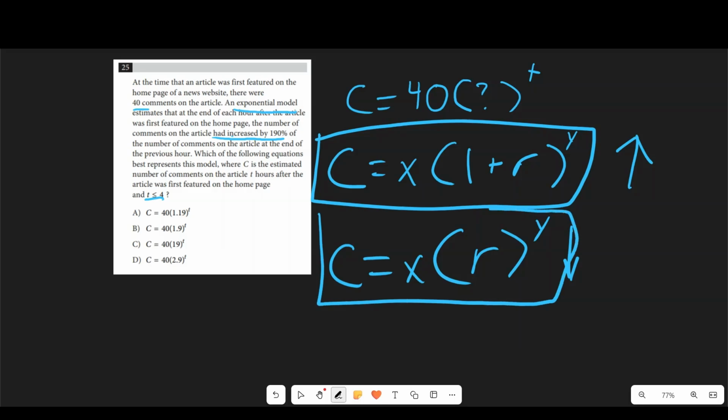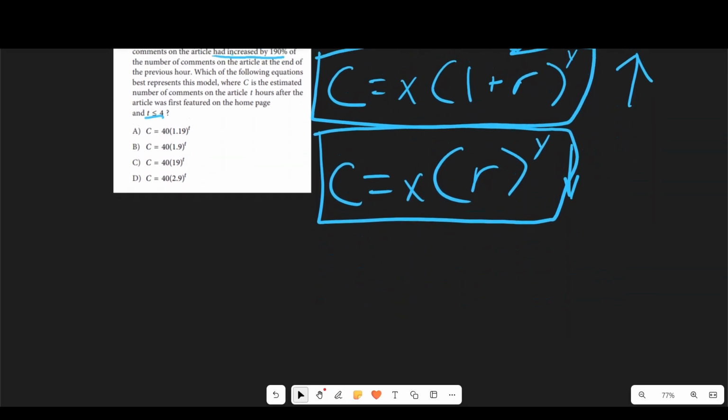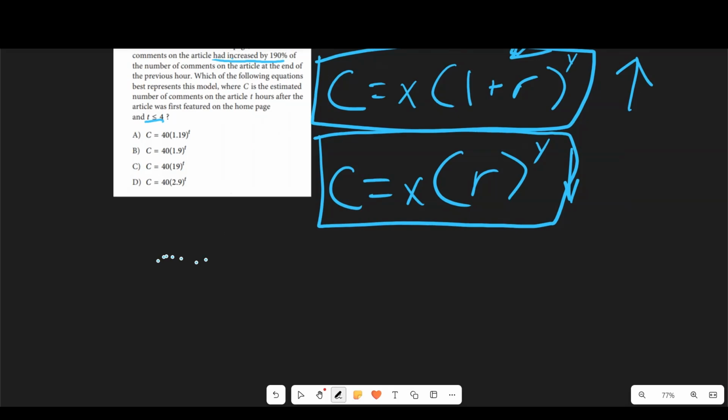So in our instance, we care about the increasing one. Because remember, they're telling us that the comments on the article increased by 90%. So there's our first clue. We know that we're dealing with an equation that is exponentially increasing. So all we need to do now is figure out by what percentage it is exponentially increasing. Well, they already kind of told us that.